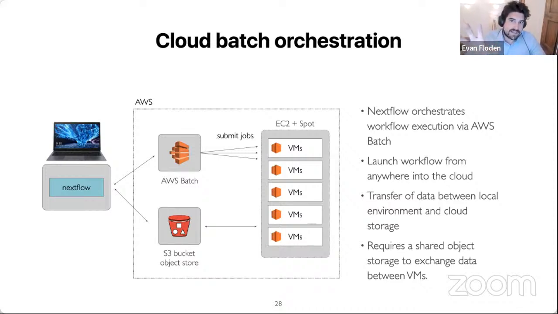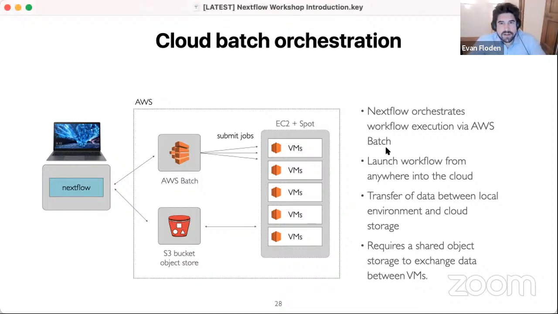When there are no more tasks in the queue, the virtual machines shut down. This can be very cost effective when you have, say, a large sequencing run that you need to analyze, or resources that you don't have available on your local cluster, or when you're just not running that much. And with the use of spot instances and some of the optimization that we're doing, this becomes a very effective way to run your analysis as well.